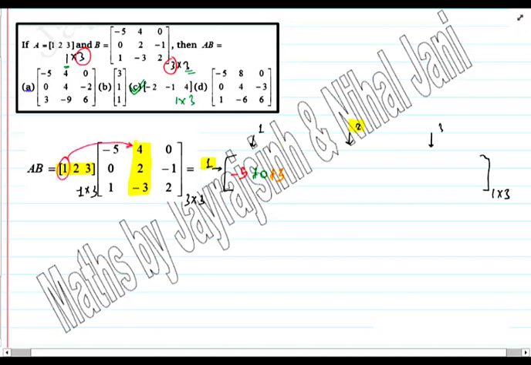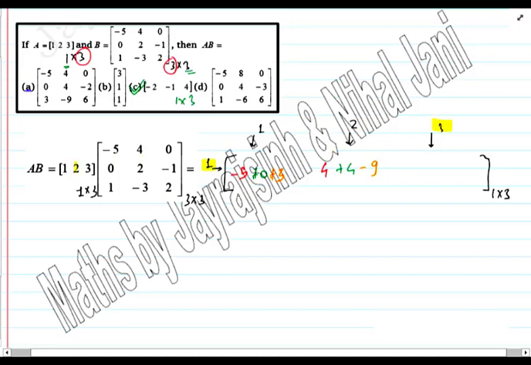So let's start multiplying. 1 into 4 will give us 4. 2 into 2 will give us again 4, and 3 into minus 3 will give us minus 9, right? And the last one is in first row and third column.